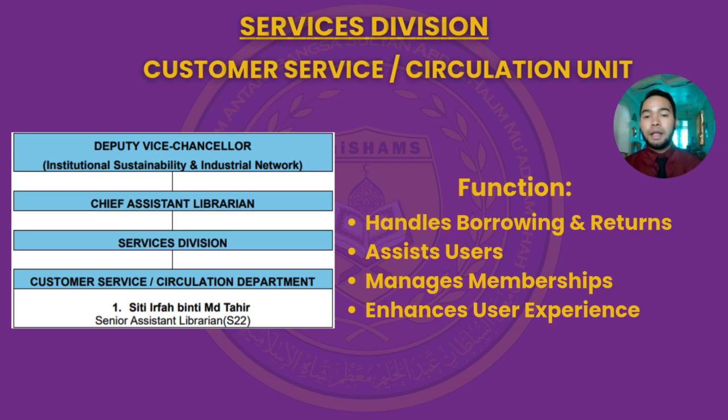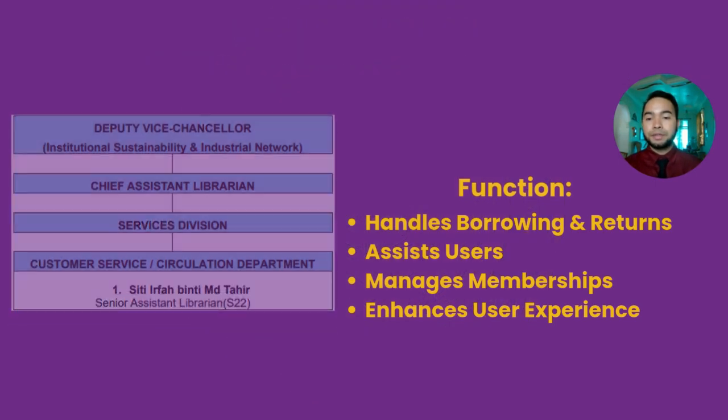The staff help users to find materials, renew loans, and resolve issues with library accounts. They also manage different membership types for students, faculty, and staff, making sure each group has access to the appropriate resources. This department plays a big role in ensuring everyone has a good experience at the library.